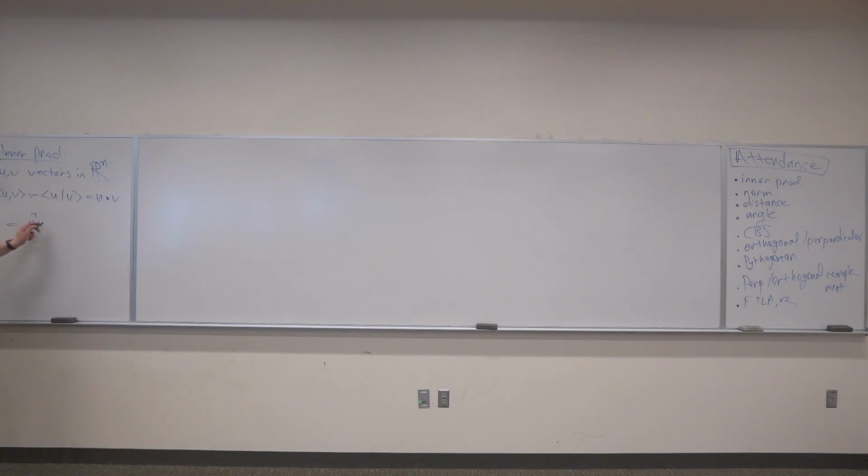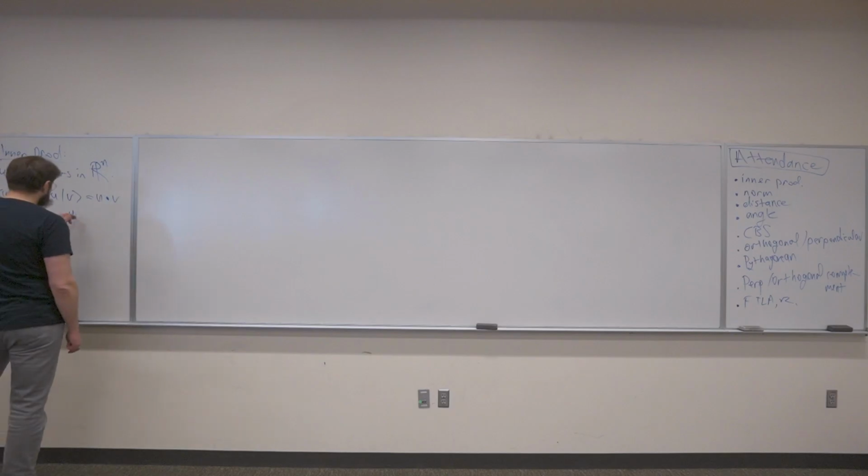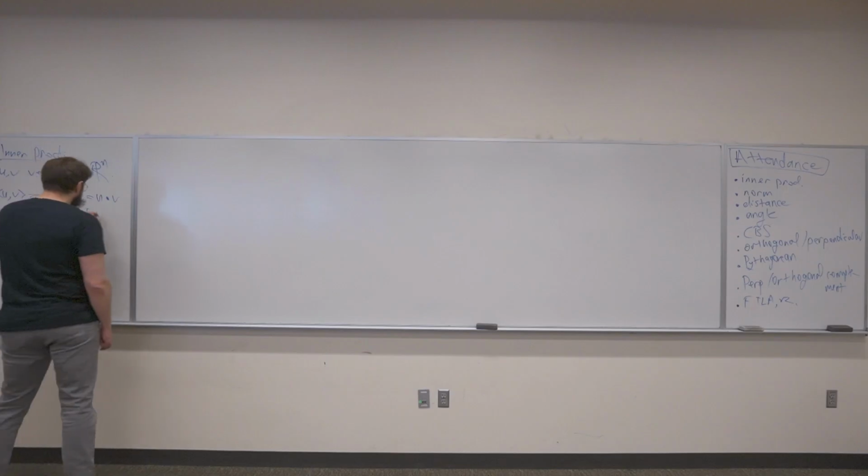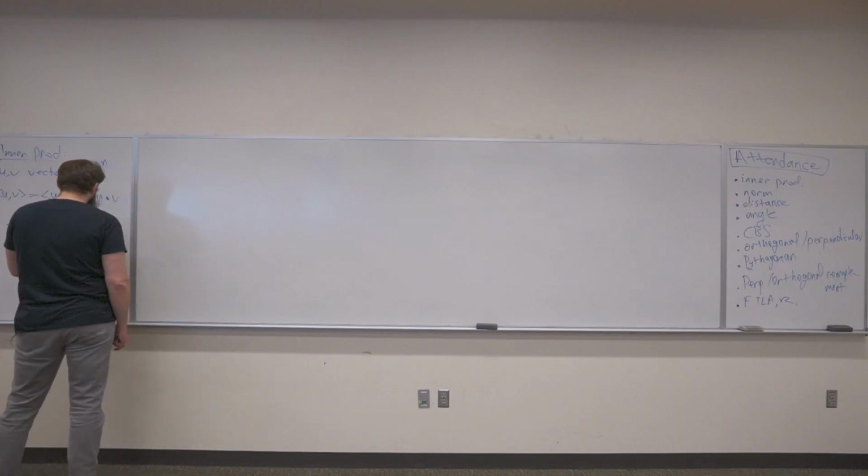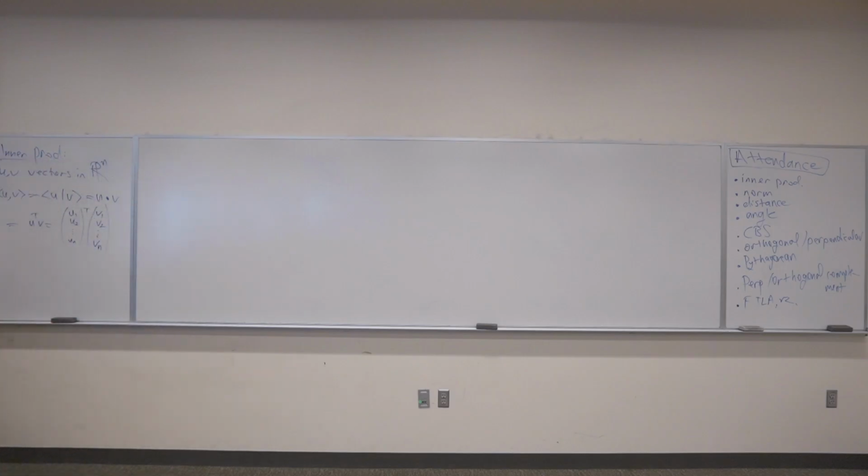So this is (u1, u2, ..., un) transpose times (v1, v2, ..., vn). How do you do this multiplication? This by this plus this by this and so on. u1 v1 plus u2 v2 plus ... plus un vn.